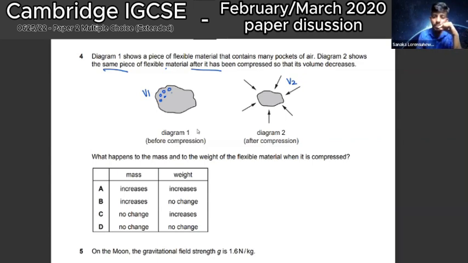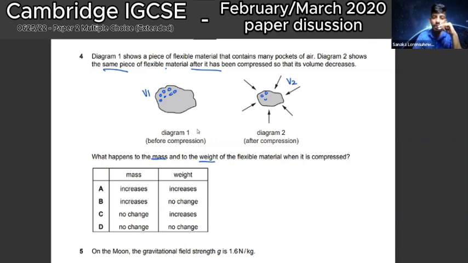Same particles and the same material. V1 has 100 particles and V2 after the compression also has 100 particles, right? It is very important. See what happens to the mass and the weight of the flexible material when it is compressed. Mass and weight. What is the definition of mass?